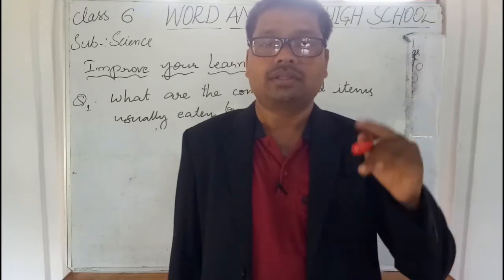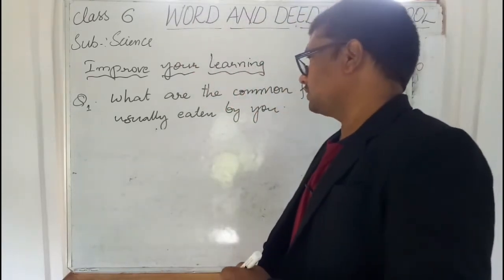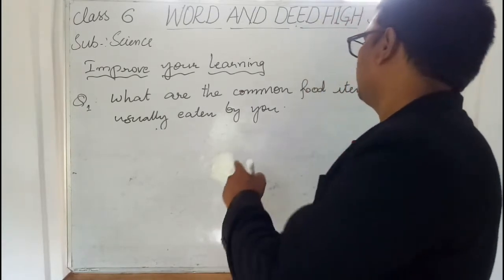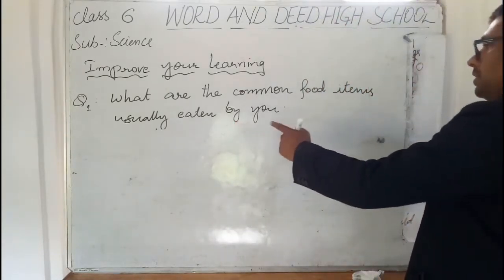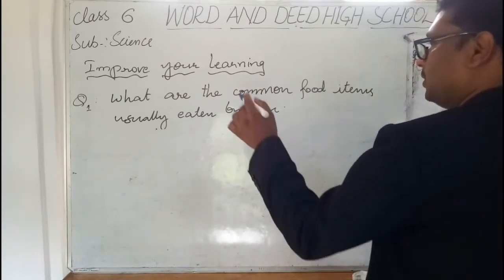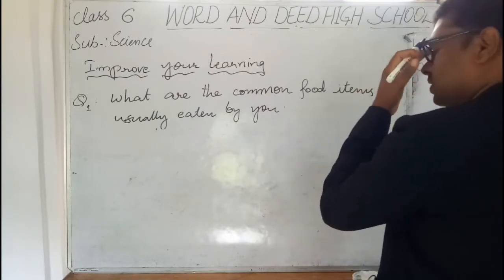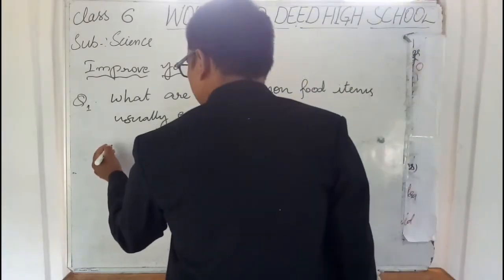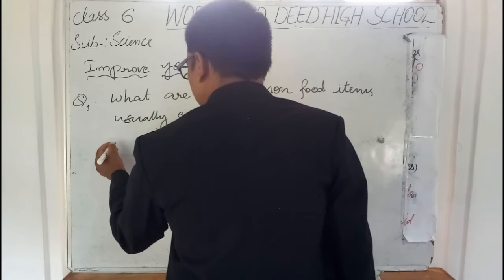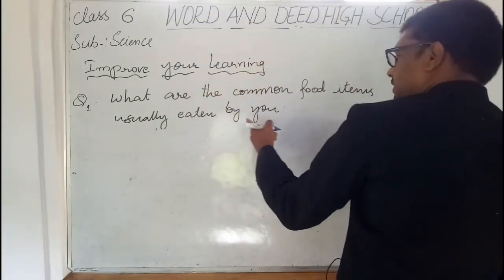Here the first question from this improve your learning section is, what are the common food items usually eaten by you? How do you answer this question? You just make a list of food items. The heading you should mention here is, the common food items usually eaten by me.